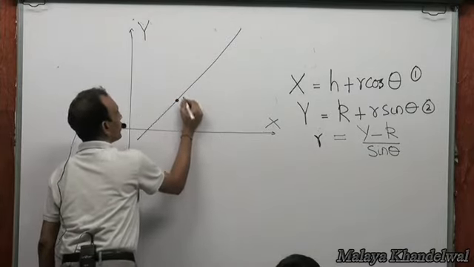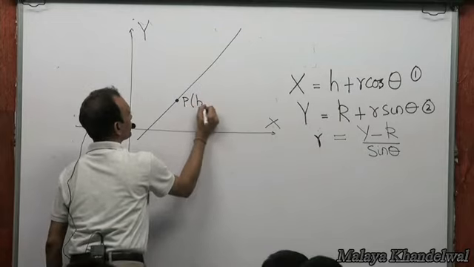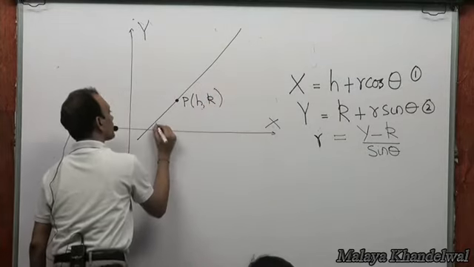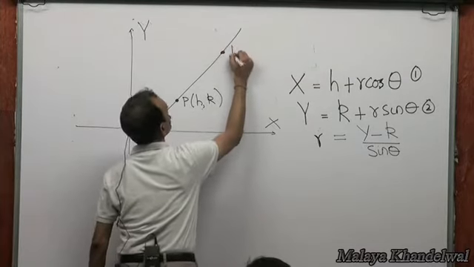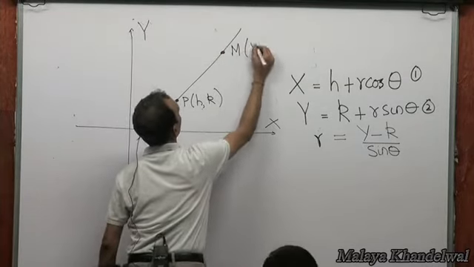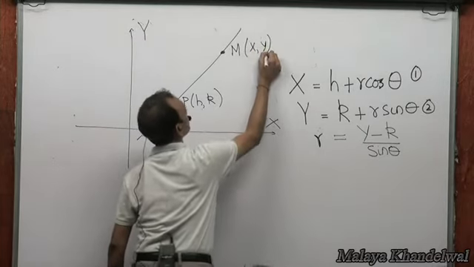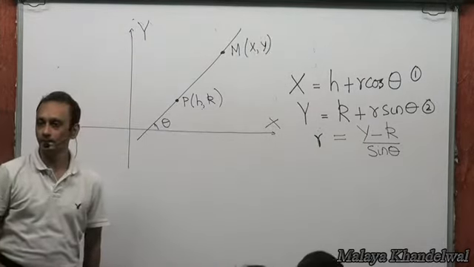If this is the fixed point P, H comma K, this is theta, this is the moving point M with coordinates X comma Y, right?